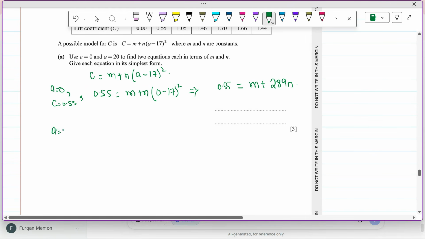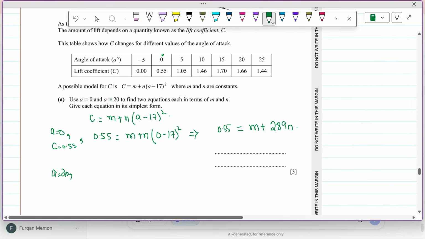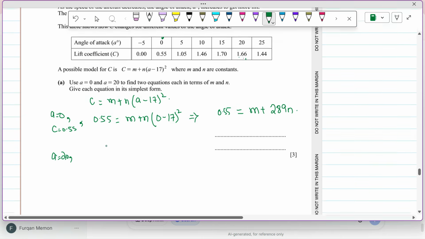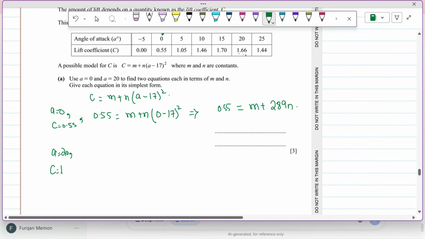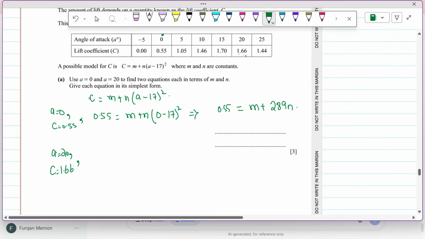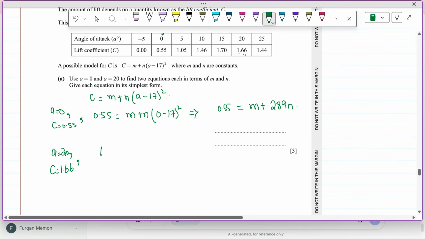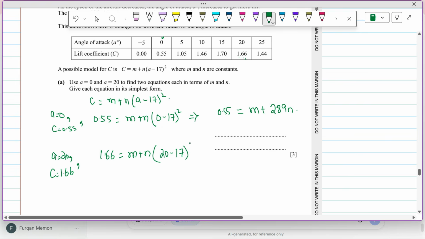When a is equal to 20, we have the value of lift coefficient C as 1.66. So plugging these two values in the equation of lift again, we will have 1.66 equals m plus n times (a minus 17, meaning 20 minus 17) whole squared.